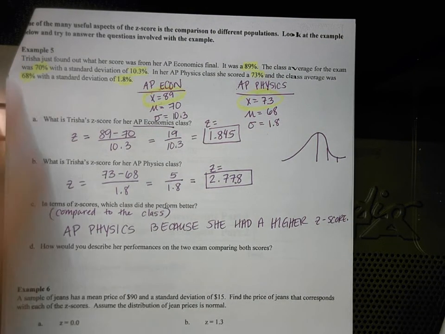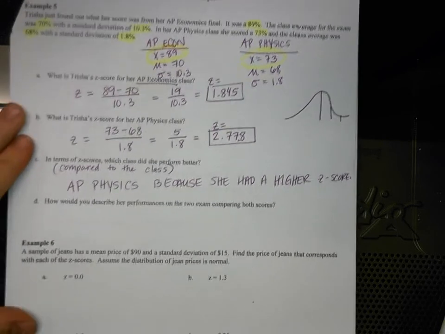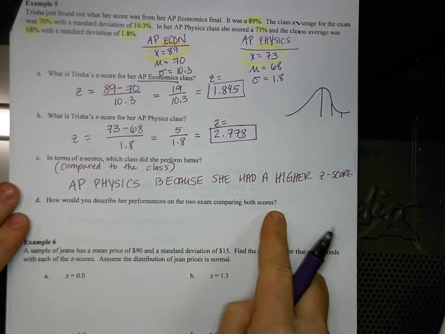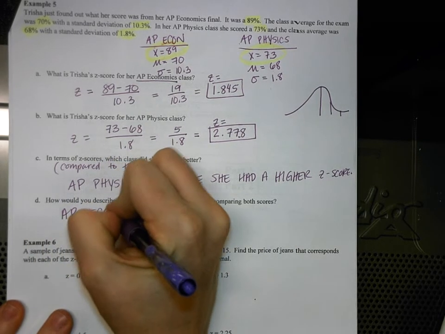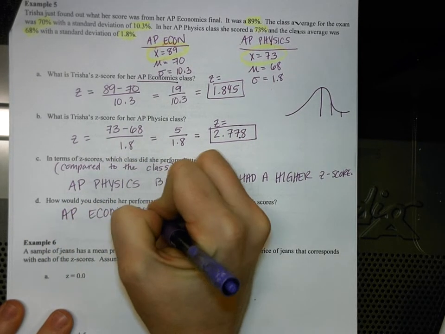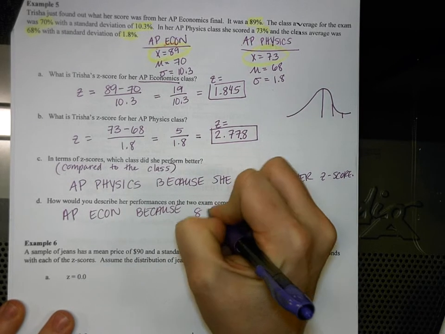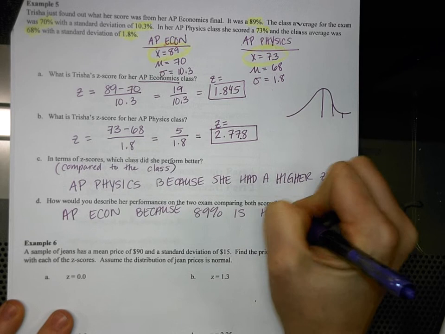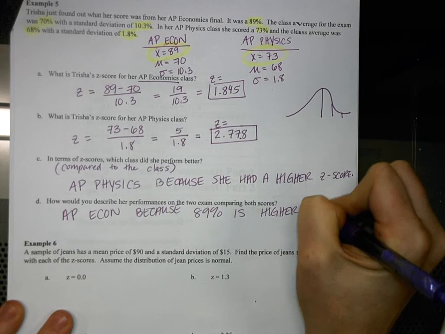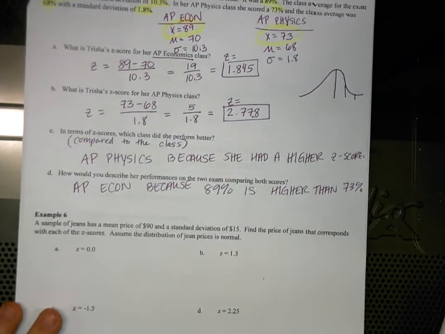But as compared to her class, she did better in physics. So comparing her scores, she did better in AP Econ because 89% is higher than 73%. She got a B plus compared to a C.